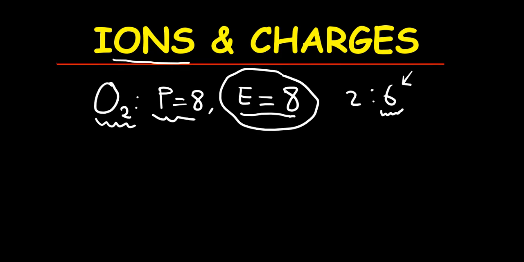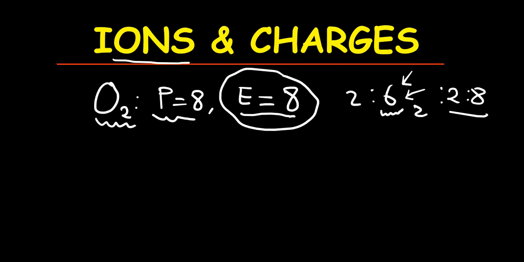How do we complete the octet rule? The octet rule states that in that shell we should have 8 electrons, right? It already has 6, so it will easily gain 2 electrons, so that it has the electronic configuration 2.8.